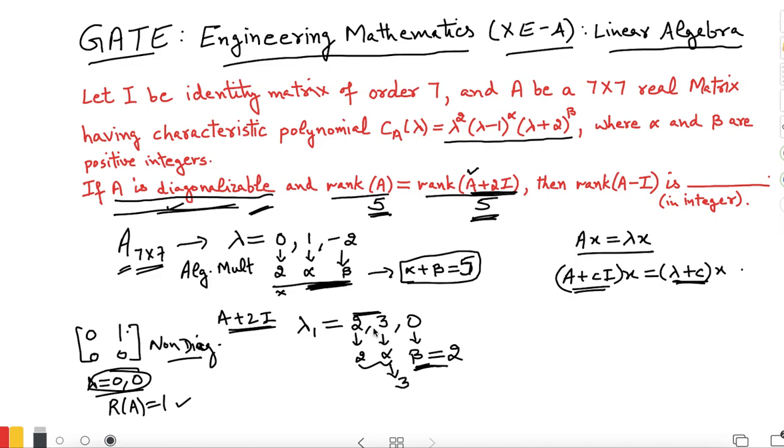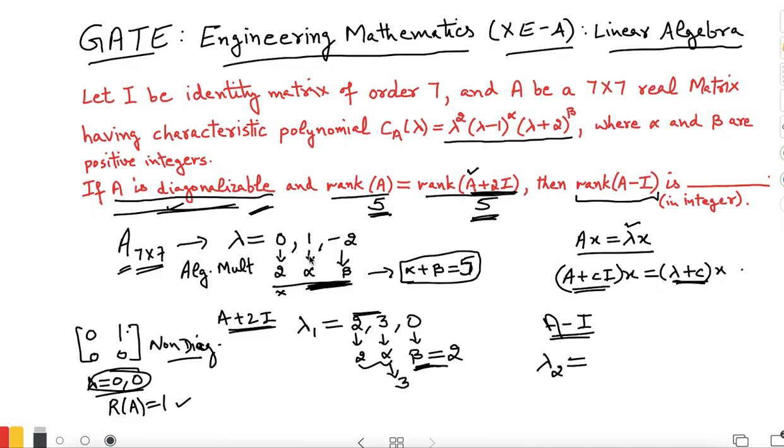Once we know alpha and beta, we will move to the actual question that we have, to find the rank of A minus I. Again we can calculate the eigenvalues, in this case for the matrix A minus I. If I call the eigenvalues of this matrix lambda 2, and I know the eigenvalues of A as lambda, then the eigenvalues of A minus I will be, putting C as minus 1, lambda minus 1.